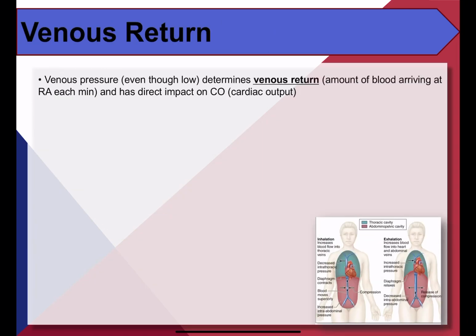Okay. Now, as we have talked about previously, pressure within the veins tends to be low and they need the assistance of valves and skeletal muscles to help with maintaining enough venous return back to the heart. Remember that venous return is defined as the amount of blood that is arriving at the right atrium per minute. Each minute.